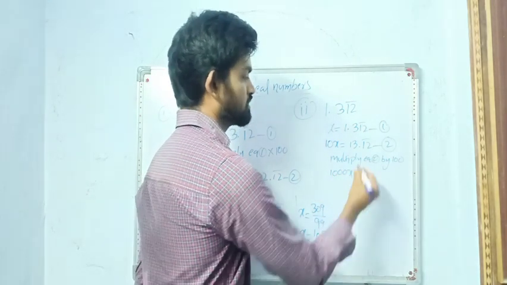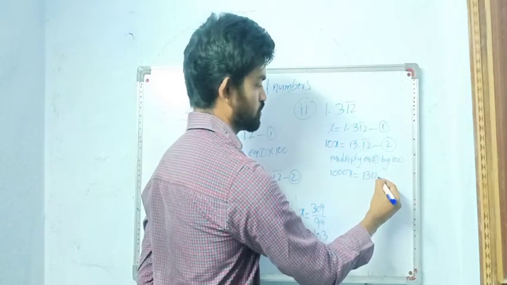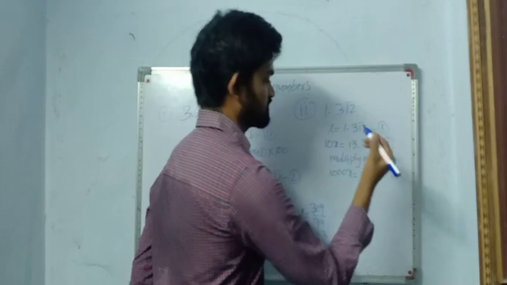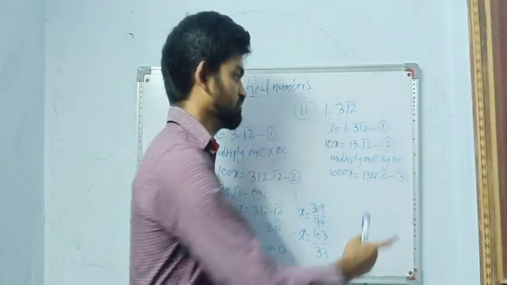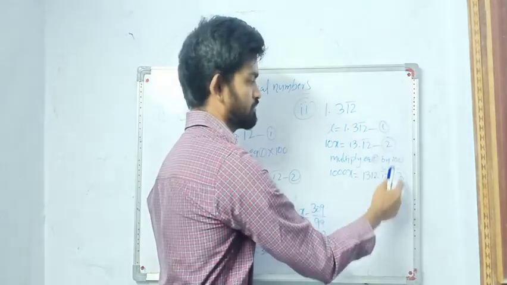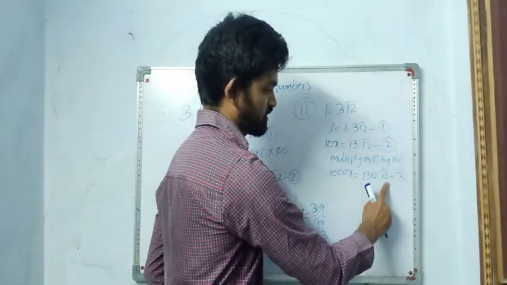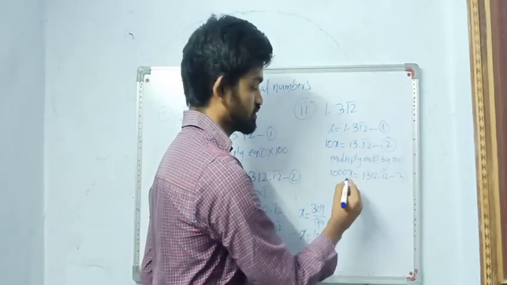Here these two terms come to this side: 1312.12 bar. This is equation 3. Now there is a little confusion here, whether we have to do 3 minus 1 or 3 minus 2. Remember, here after the decimal point what is there? 1, 2. Here after the decimal point 1, 2.